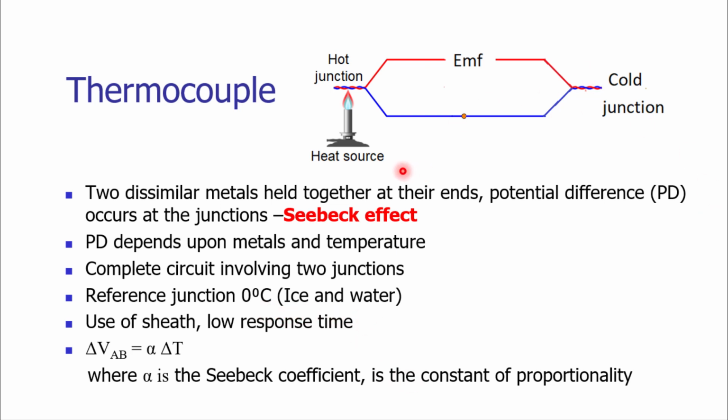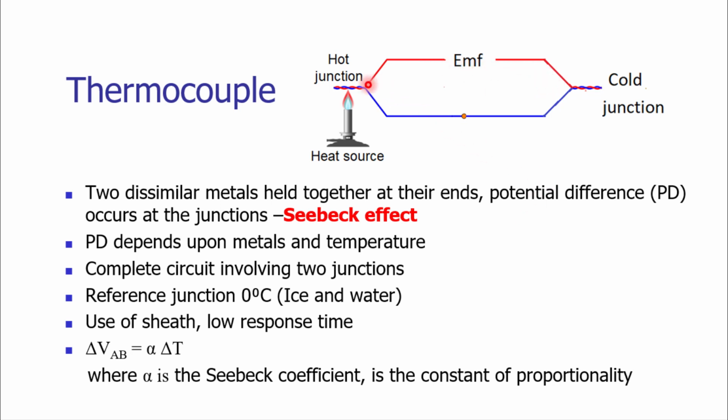So when we apply an external heat source at the other junction, there is an increase in temperature of this junction. Due to this increase in temperature, the electrons will be excited and they will start moving from the hot junction to the cold junction, and there is formation of electric current.